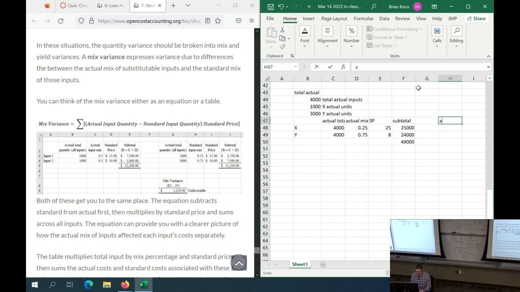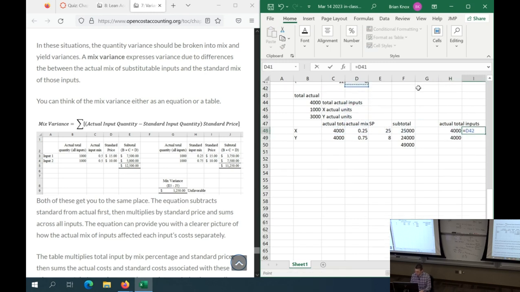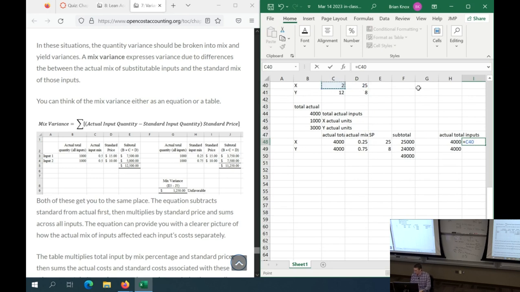Okay, let's keep on going. Now we're going to do the same thing over here on the standard side. Same 4,000 units. So we actually use 4,000 units, but we would have expected to use 2 out of 14. That's 2 out of the sum of these two, which comes out to 14.28%. We actually used 25%. We should have used 14.3%, rounding it off. And we can do the same thing here.